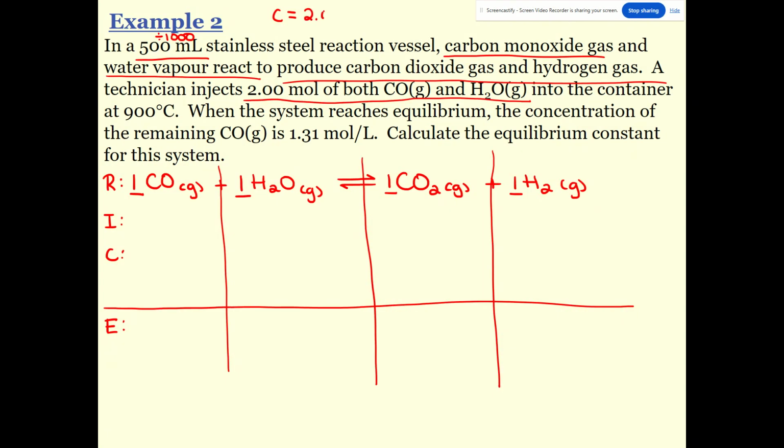So that would be 2.00 moles divided by 0.500 liters. Okay, so we get an initial concentration of my 2 reactants to be 4.00 moles per liter for both of the reactants, because it says that's the amount of both they injected. And again, we're not given any products, so we can assume they're starting at 0.